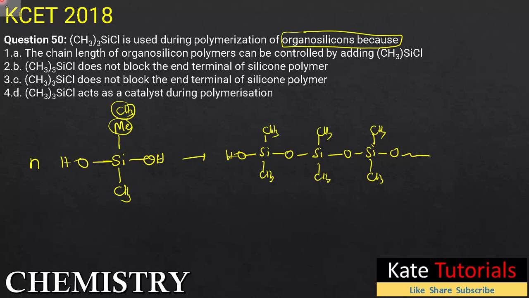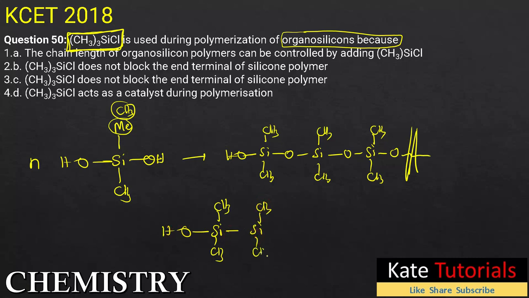To block this chain, or to stop this chain, we add this one, CH3 thrice SiCl. What does it do? Initially it was continuing like this, CH3, CH3, O, H, Si, CH3, CH3, O. Since I am adding this one, instead of OH here, I will have CH3. So it is SiCH3 thrice Cl.